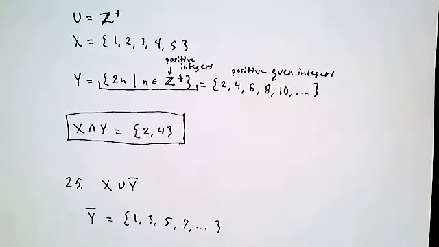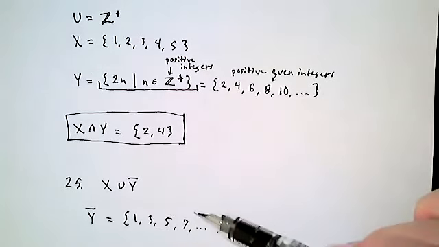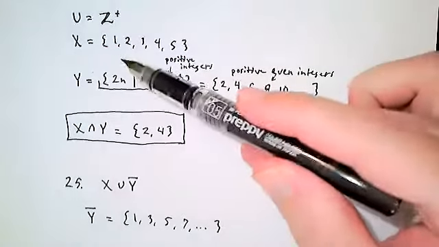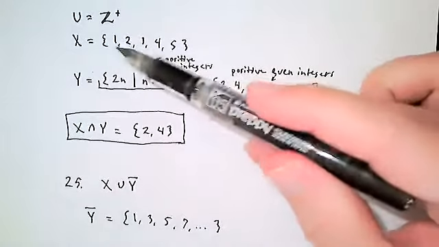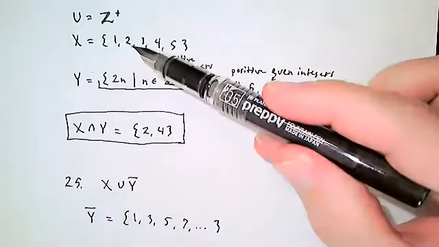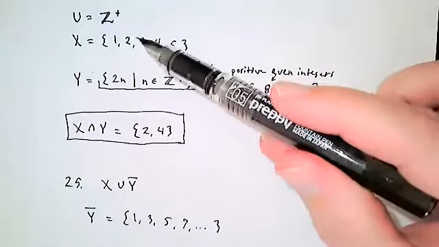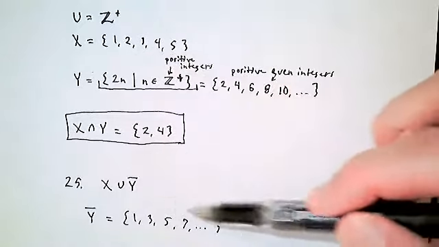I'll leave the last bit of writing down the answer to you, but you're going to take all of these elements, all these numbers, and combine them with these numbers. So you're going to add in a couple even numbers to all of your odd numbers.